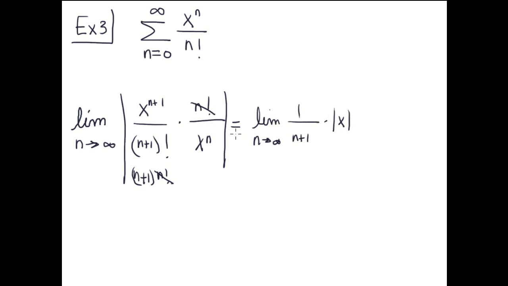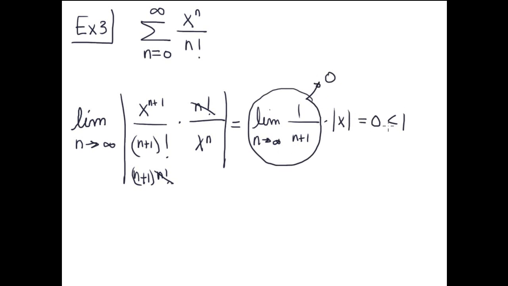Again, it is the same situation: x^(n+1) divided by x^n is just x. And this limit is 0. Zero times any value is always 0, and 0 is always less than 1.